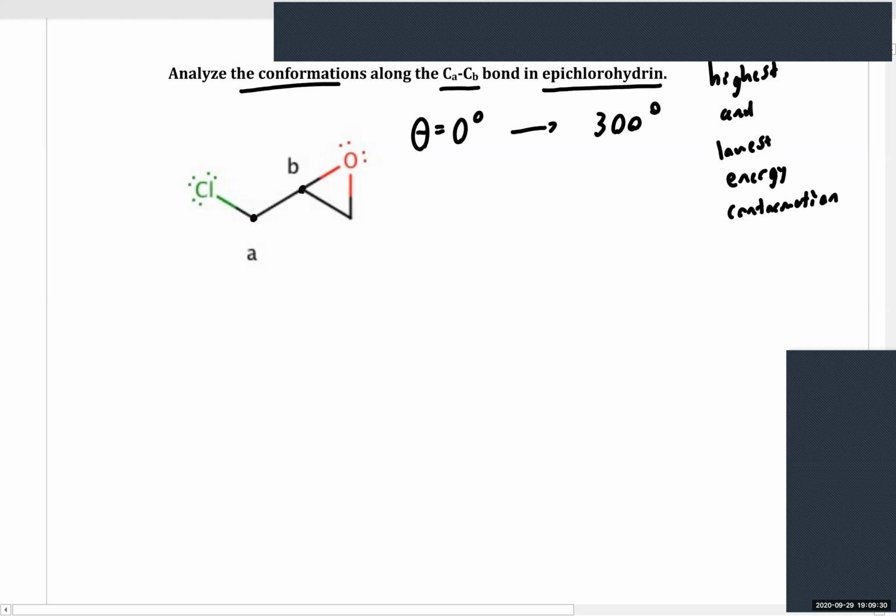Epichlorohydrin is a pretty useful building block, and it contains both an alkyl halide and an epoxide functional group. So first, make a model of epichlorohydrin, and then we can focus on analyzing the conformations of epichlorohydrin along the carbon A, carbon B bond.